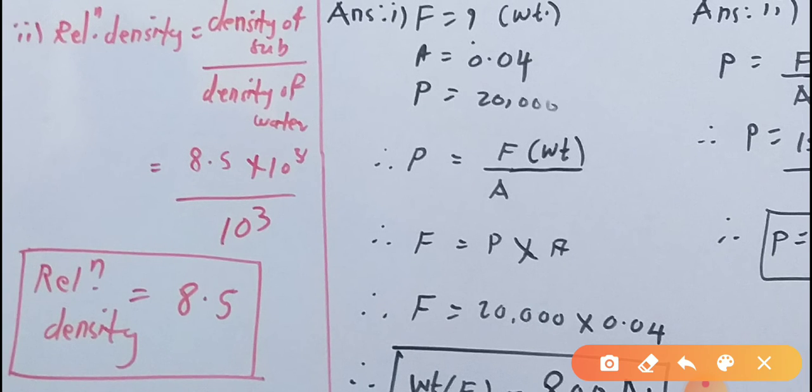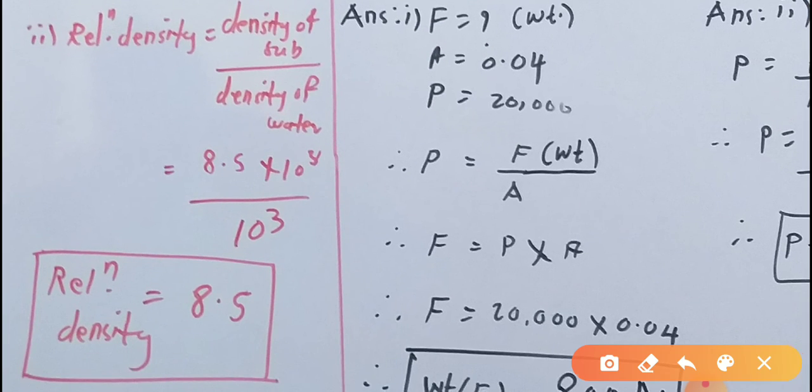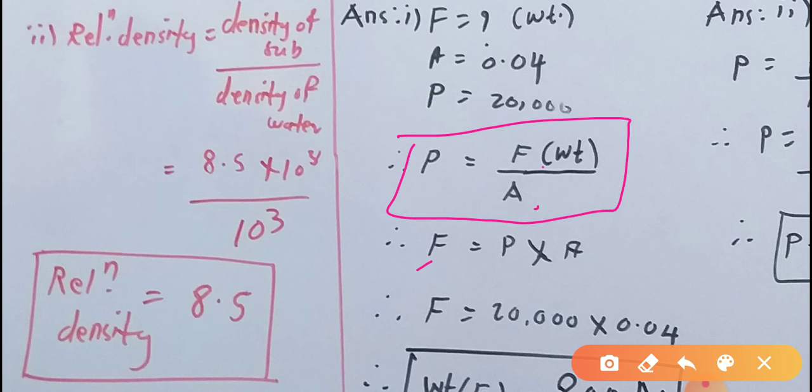Weight is not given, so force we have to find out. Area is given 0.04. Pressure is given 20,000. What is the formula? Pressure is equal to force upon area. Remember the formula. Force means weight, which we have to find. Bring this A to the other side, it will be multiplied. So force is equal to pressure into area.